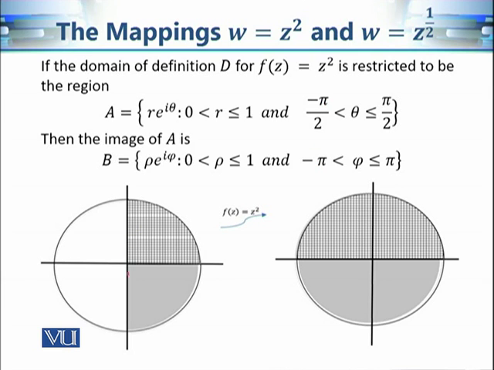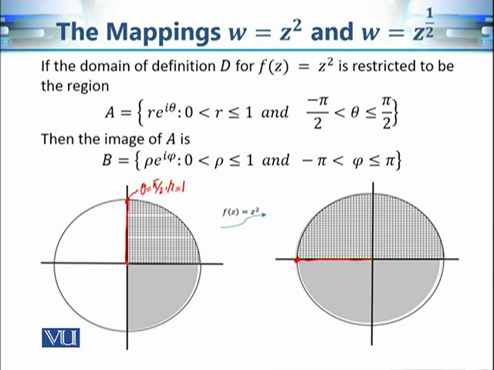So for example, if we have a number that lies here in this half unit disk, and we apply this z square, then for this complex number, theta is pi by 2 and r is 1. So when we apply this z square, theta becomes pi and r becomes r square, which is again 1. So this is mapped onto the following number.